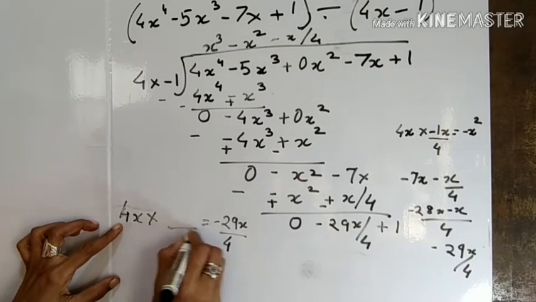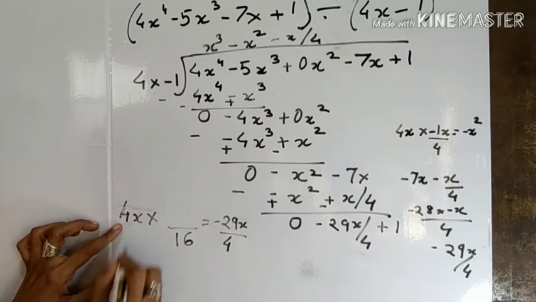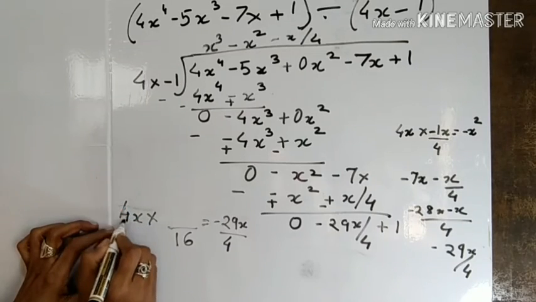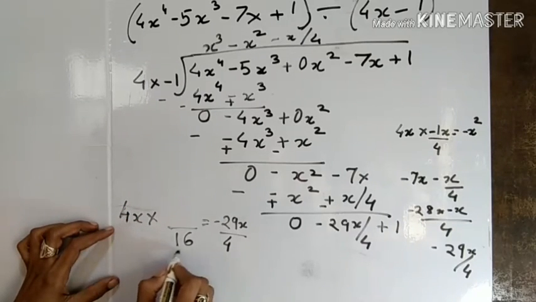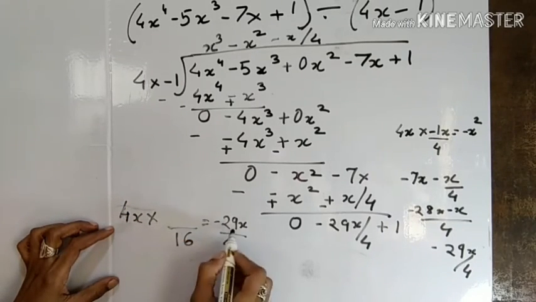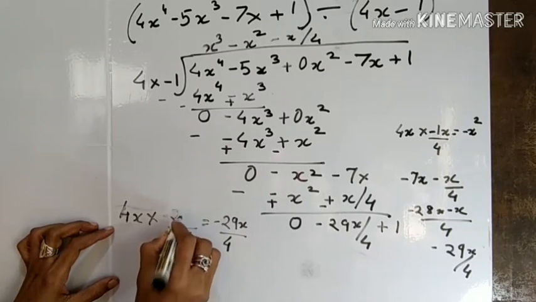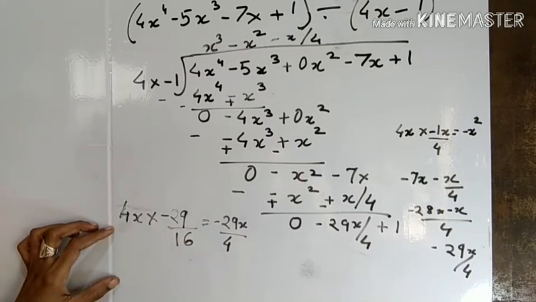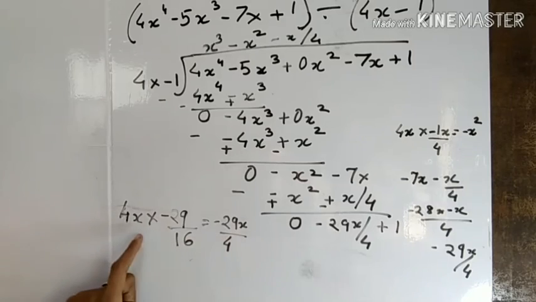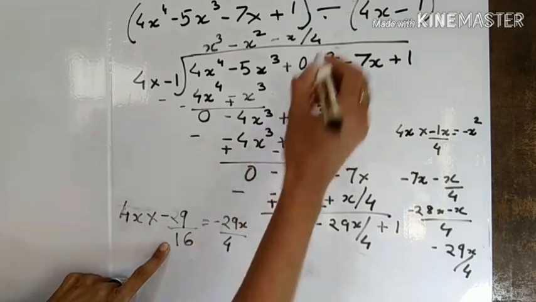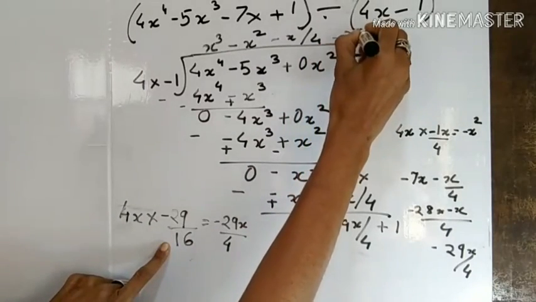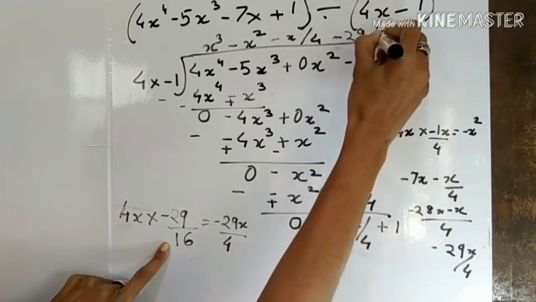Okay, so what I do is I divide by 16, so that 4 gets cancelled and I get 4 4s are 16. And in the numerator, I want minus 29. I already have an x here. So this becomes my quotient, that is minus 29 upon 16.